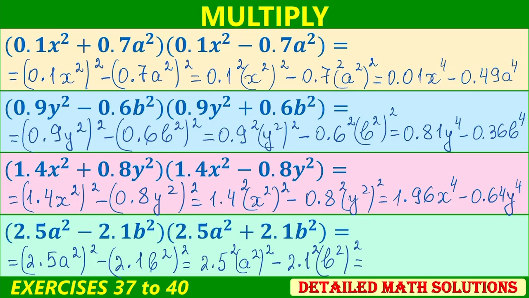When I simplify further, I get 6.25 a to the fourth power minus 4.41 b to the fourth power.